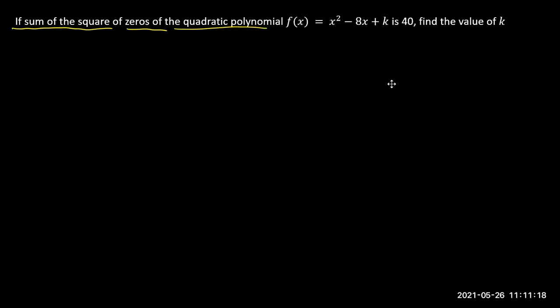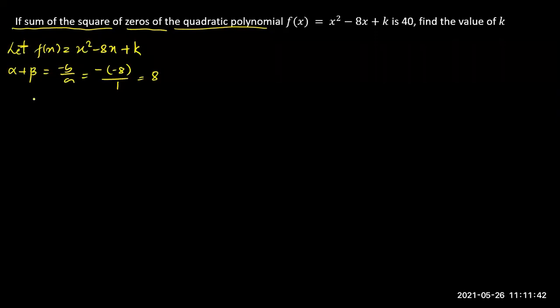So we'll write the given polynomial first. Let f of x is equal to x square minus 8x plus k. Then alpha plus beta is minus b by a, minus of minus 8 by 1, that is 8, and alpha into beta is c by a, that is k by 1, that is k.